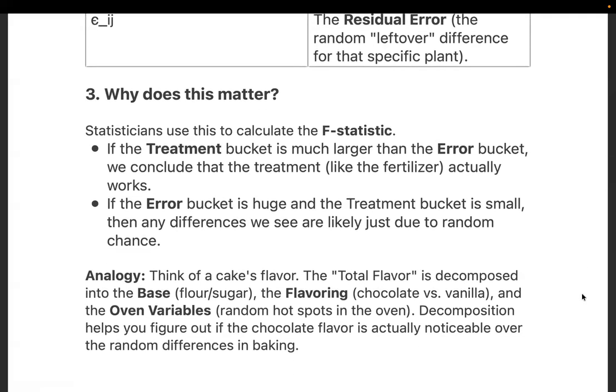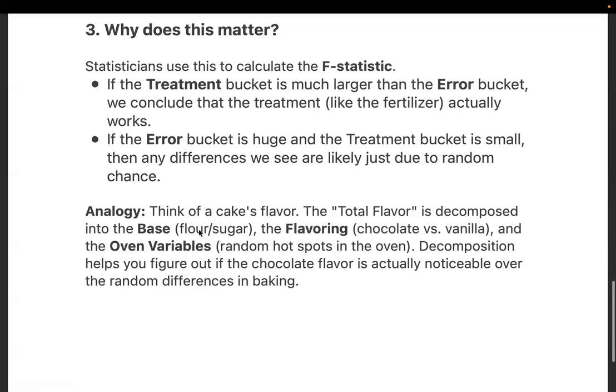Now let's see, it's a good analogy. Think of a cake's flavor. When you taste a cake, it has a very nice flavor. The total flavor might be a result of many factors.